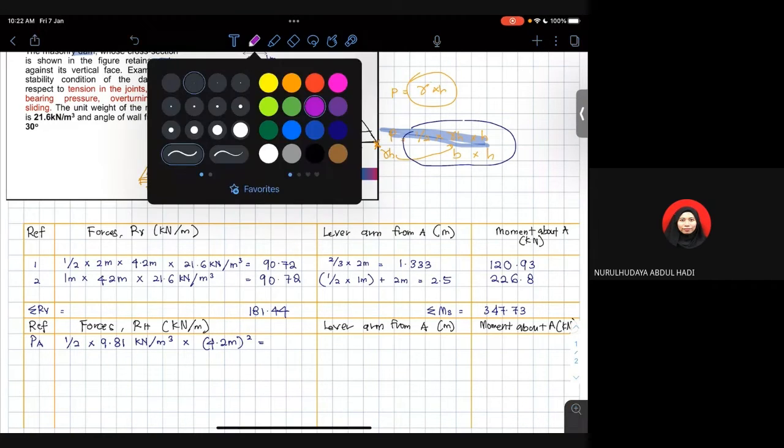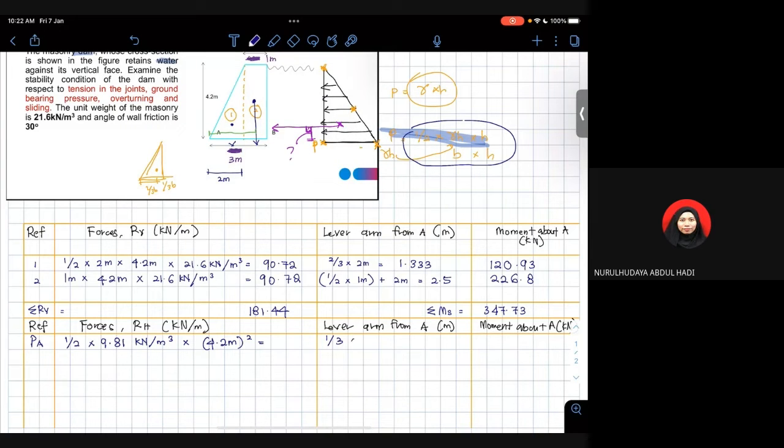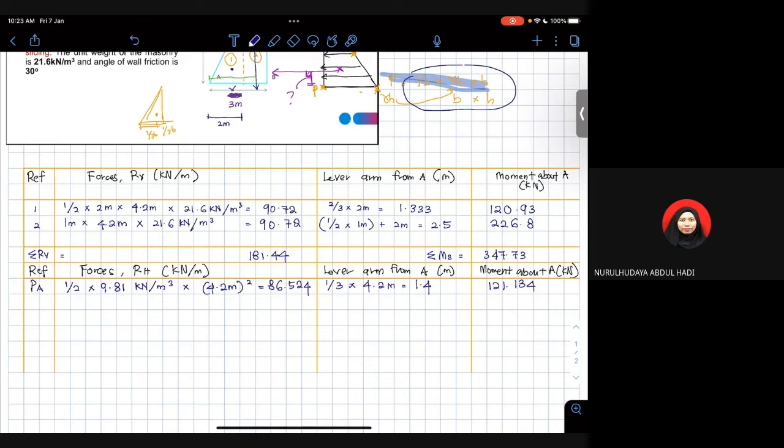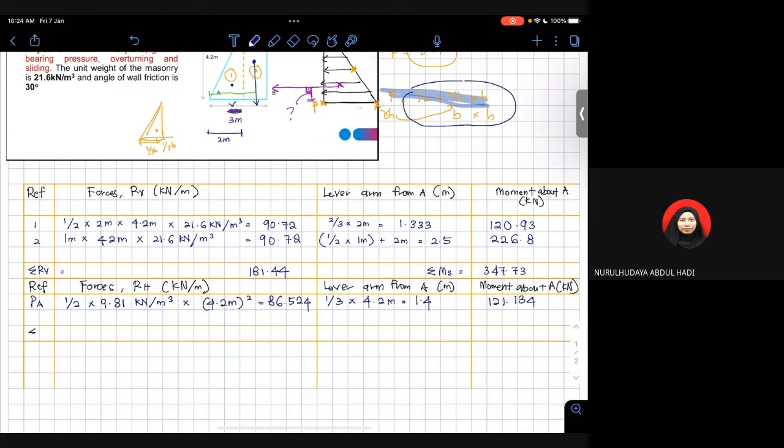It is 1/3 lah daripada height dia, which is height of water tu sama dengan height of retaining wall ni, 4.2 meter. That is the moment about A. Itu je kita punya horizontal force. Kita dah tak ada lagi force lain. Total RH is sama 86.524 here. And moment about A is 1 to 1.134.